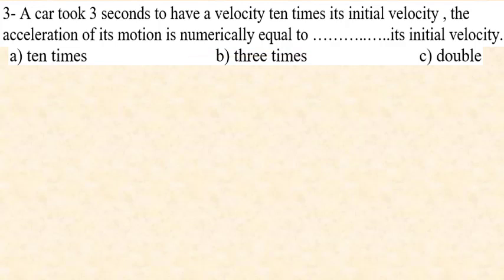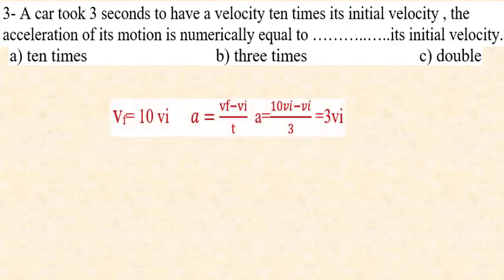Before I choose the right answer, you have to translate the given into information like that. Final velocity equals 10 times initial velocity, so it will be 10 Vi. The rule of acceleration is a equals Vf minus Vi divided by time, so a equals 10 Vi minus Vi, it will be 9 Vi over 3, it will be 3 Vi, so the result is 3 times.